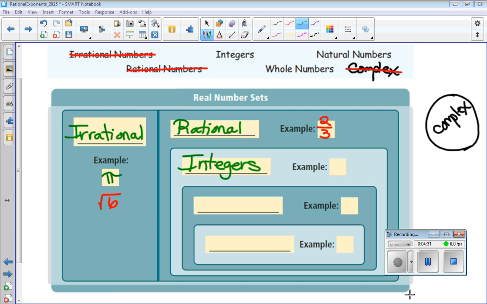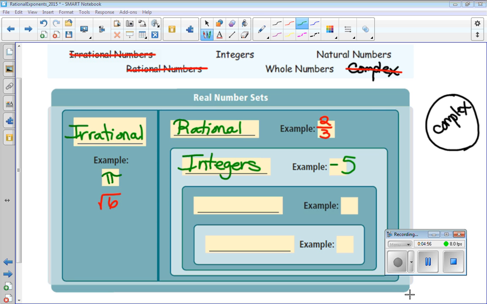So what that means is -3, -7, 2, 427, -26. Any negative number, positive number, and 0 are going to be considered an integer. So let's just pick one. I don't know, -5. Okay? That would be an example of an integer.